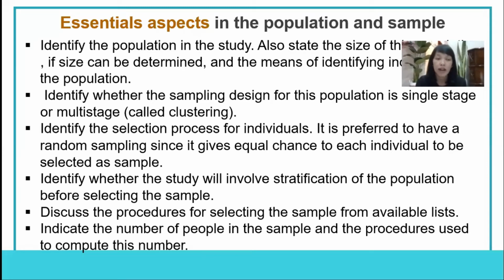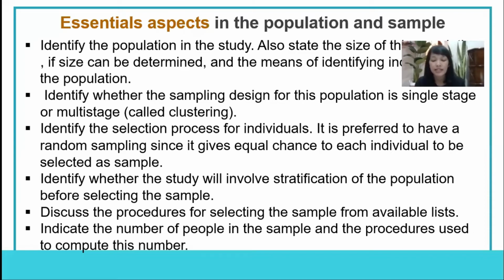The second: as a researcher, we need to identify whether the sampling design for the population is single-stage or multi-stage, or what we can call clustering. The cluster sample is ideal when it is impossible or impractical to compile a list of the elements composing the population.